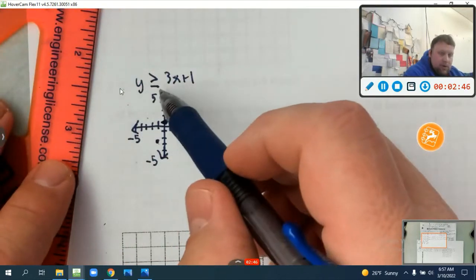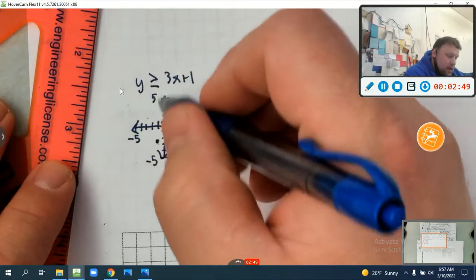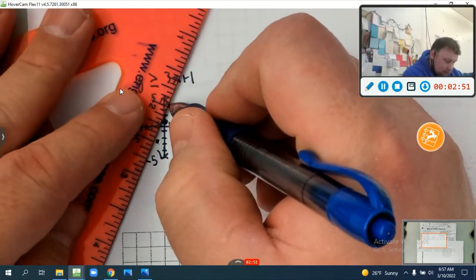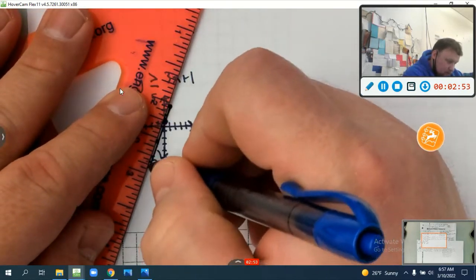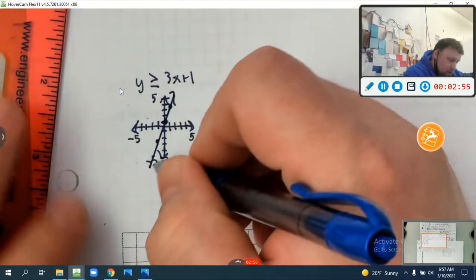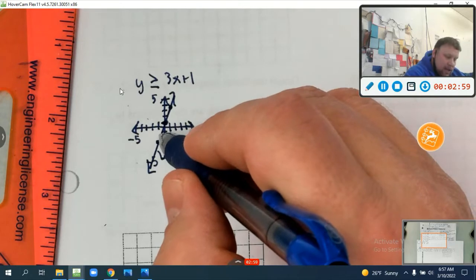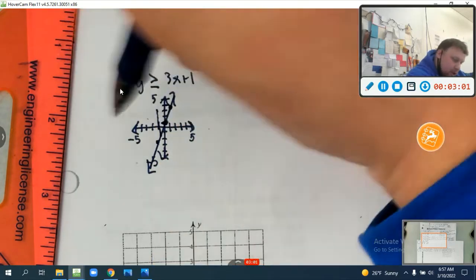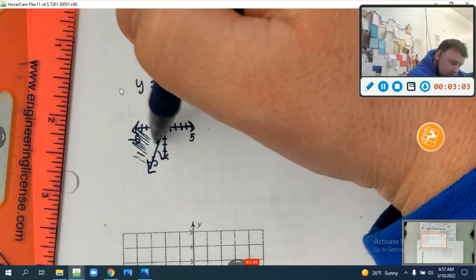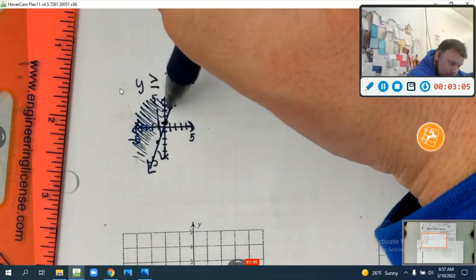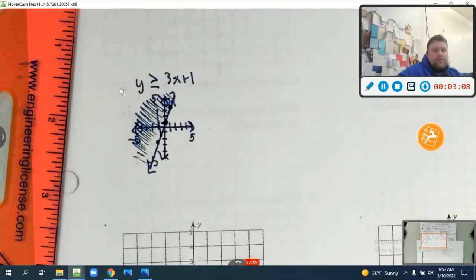And it's an or equal to, so this is going to be a solid line. Draw a nice line all the way through. And then greater than tells us to put our pen or pencil on the line, go up, and then we're going to shade that region. And that's the solution region.